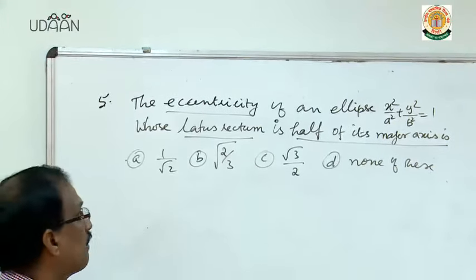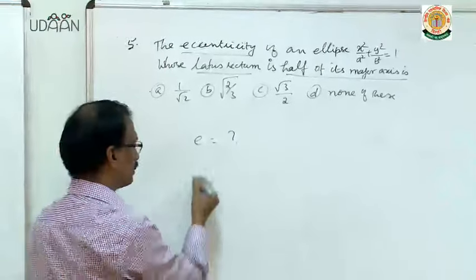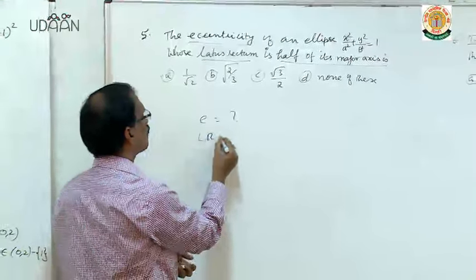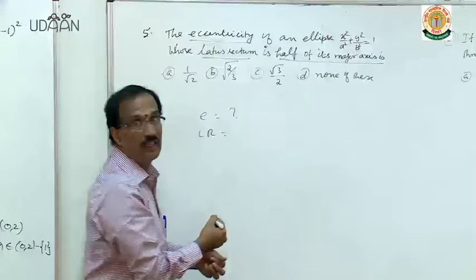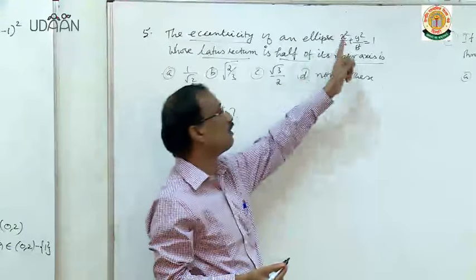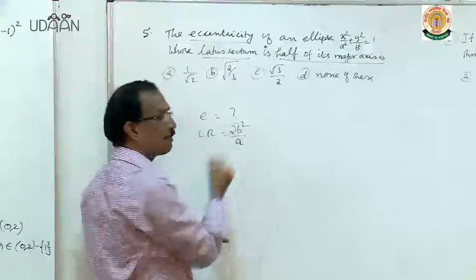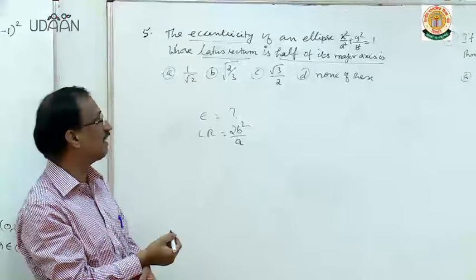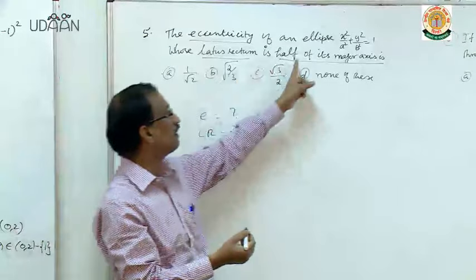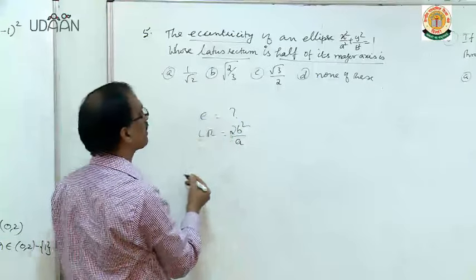सो क्या क्या इंफॉर्मेशन हमें चाहिए? ये वी हैव टू फाइंड आउट. सो लैटस रेक्टम का रिलेशन दिया है. लैटस रेक्टम इस स्टैंडर्ड फॉर्म में क्या है? 2b squared by a. So 2b square by a is your latus rectum. That is length of latus rectum. That is given half of its major axis. Half of its major axis है तो क्या होगा?